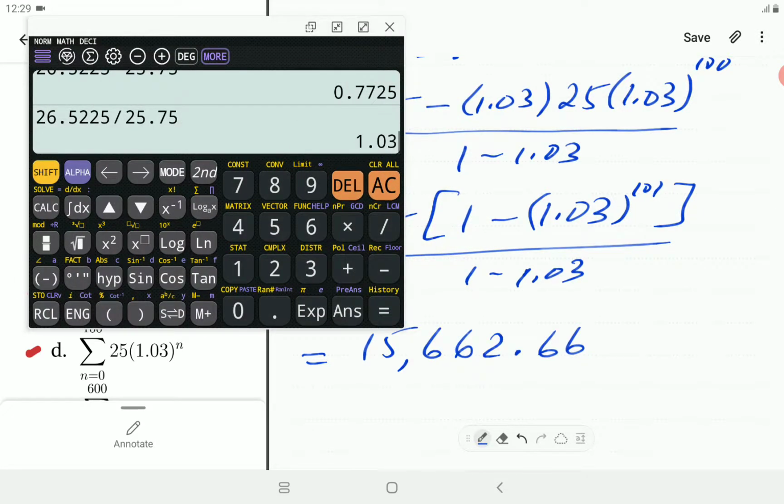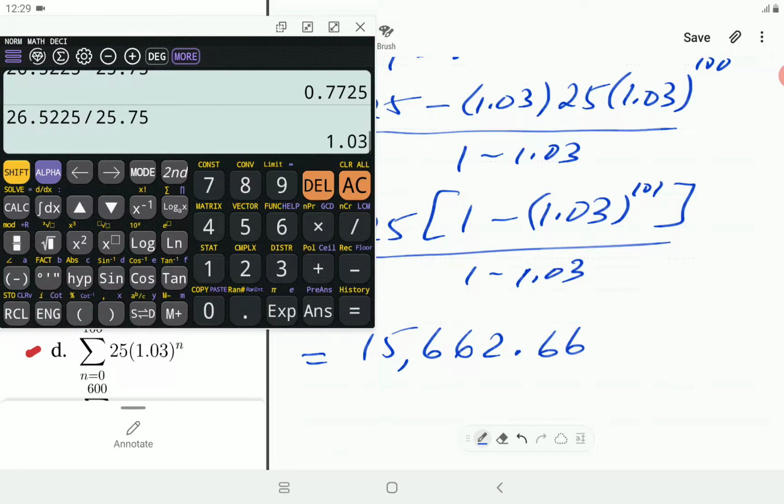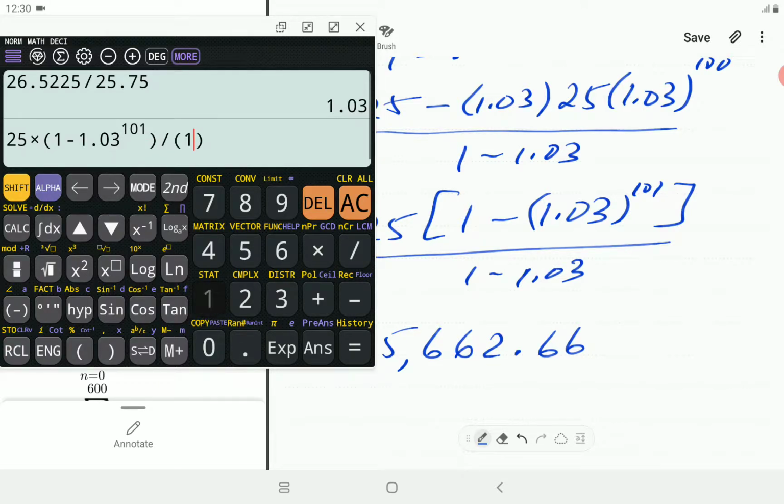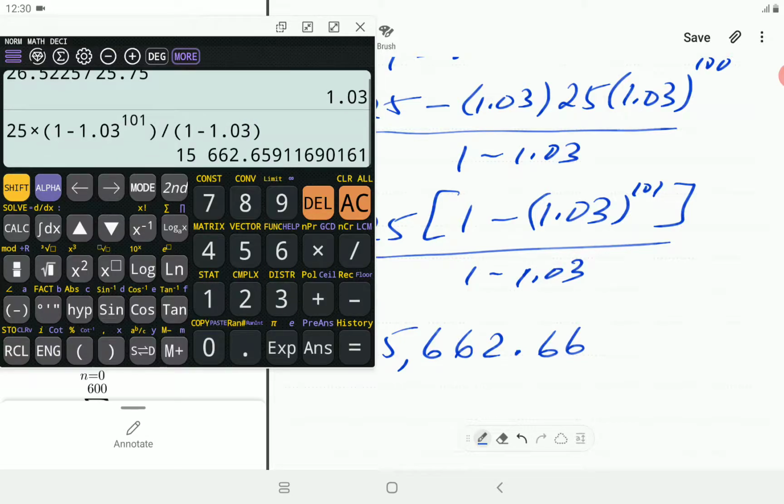Some of you may be thinking how does that work? So let's see how this works out. It's going to be 25 times, then open brackets, 1 minus 1.03 raised to the power 101, then divided by open brackets 1 minus 1.03, equals, and there you have your 15,662.66.